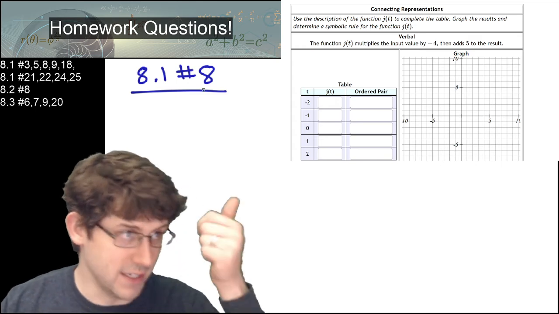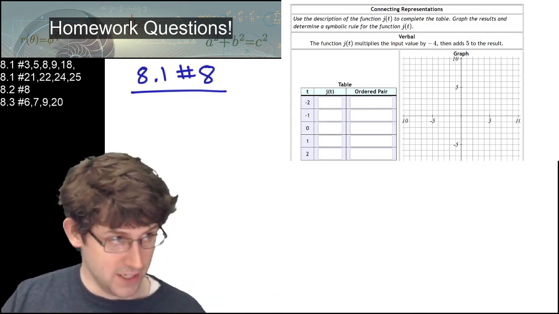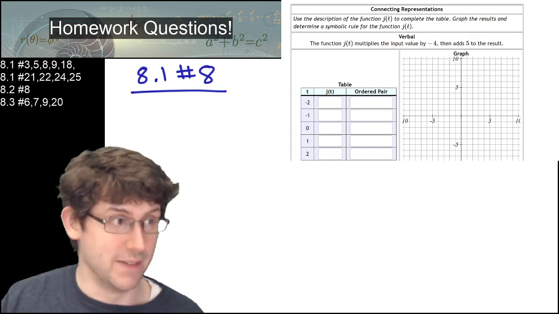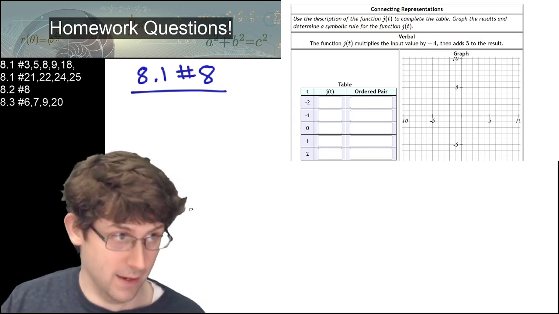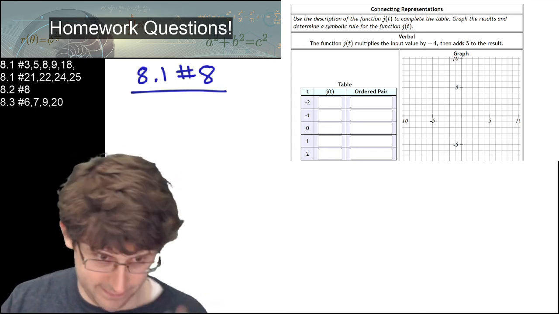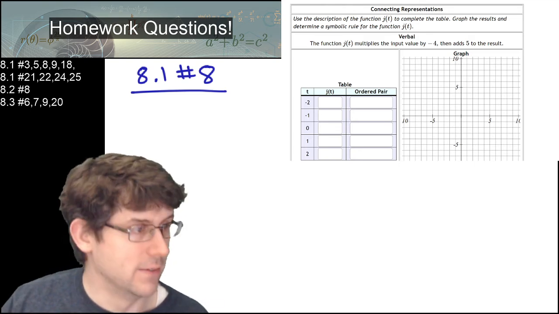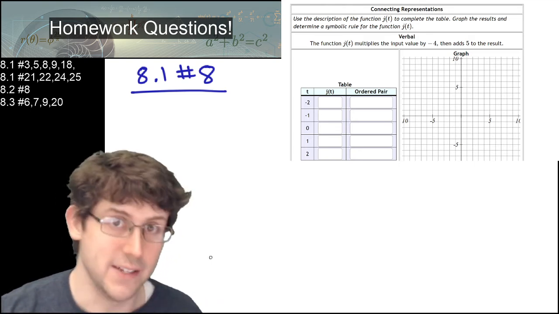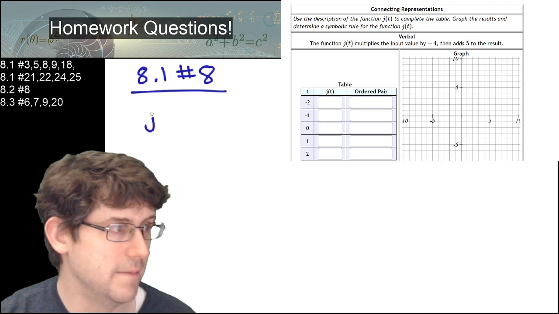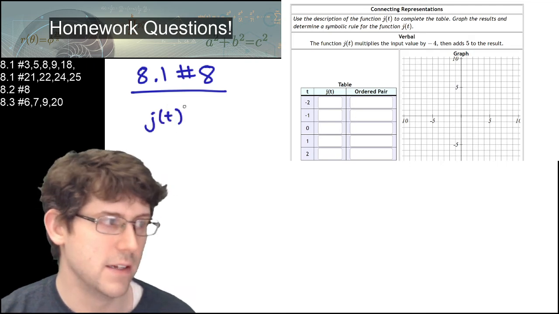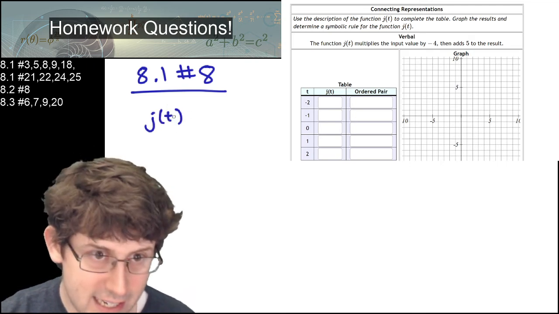So this function that I'm looking at says, the function j of t multiplies the input value by -4, then adds 5. Well, the input value here for j of t means that t is the input.